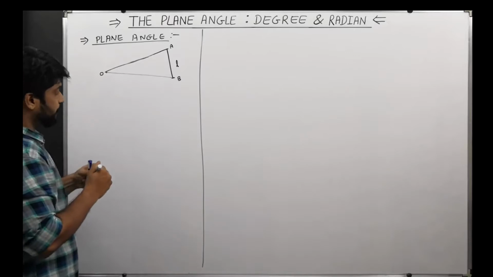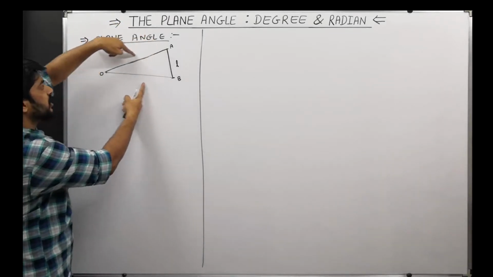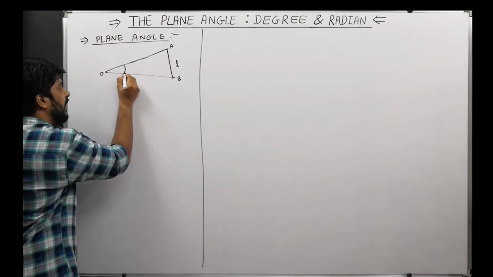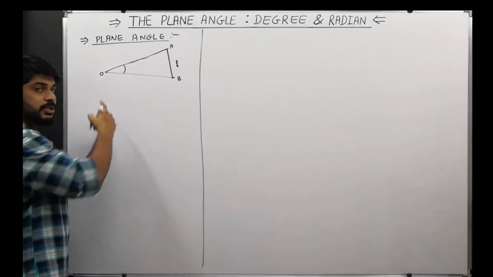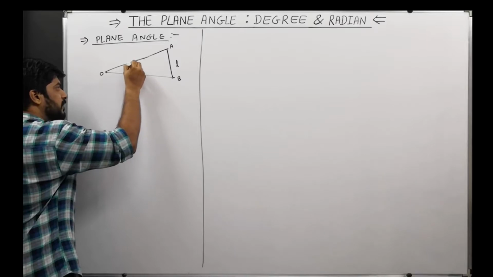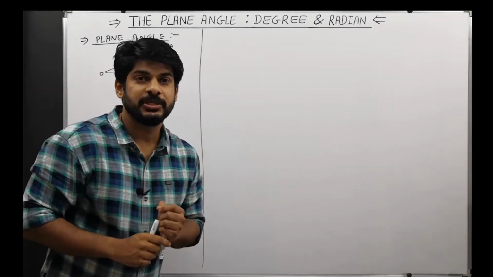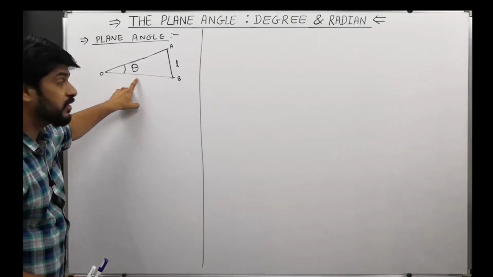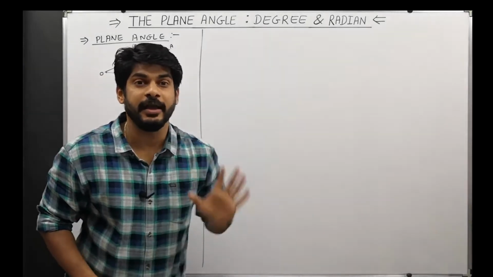Now you can see that this line is subtending a certain angle at this point, isn't it? There is a certain angle subtended by this line at the chosen point O. We will denote this angle by theta. This angle theta is called the plane angle.